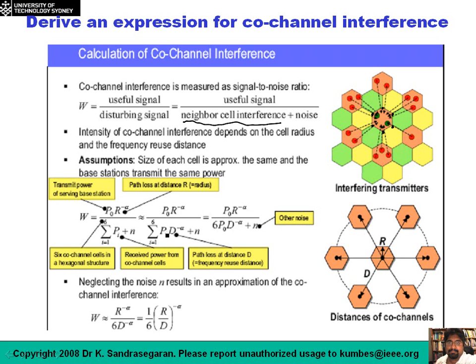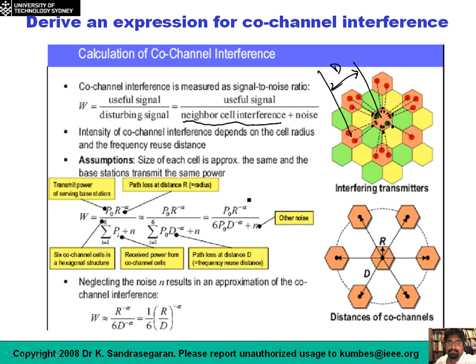If all of them are also transmitting with the same power P0, and this D here can be approximated by the distance between cells, the distance at which the frequency is being repeated, as we talked about earlier, then we have 6 terms from these 6 interfering sources.